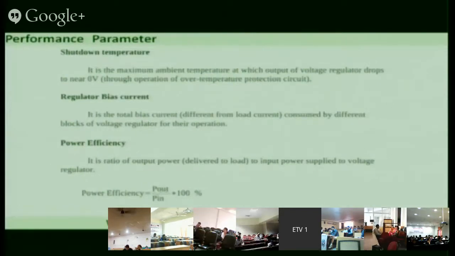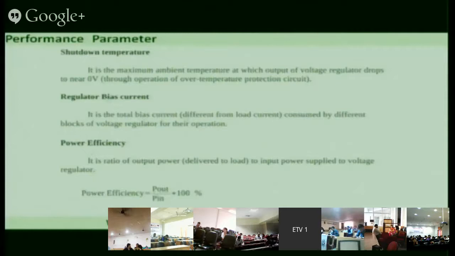If the temperature inside the chip increases to more than 140, the chip automatically shuts down, and it will automatically restart when the temperature drops to 120 degrees, or you can set the limit, or 100 degrees centigrade. This means there is a temperature sensor also. You have to design a temperature sensor, because you have to measure the temperature in the chip. Only then can you decide whether to shut down or not.